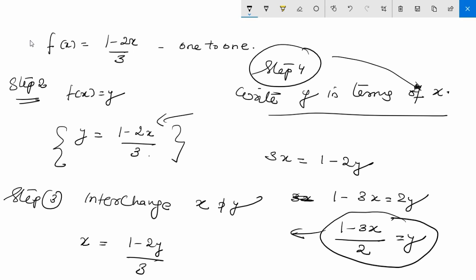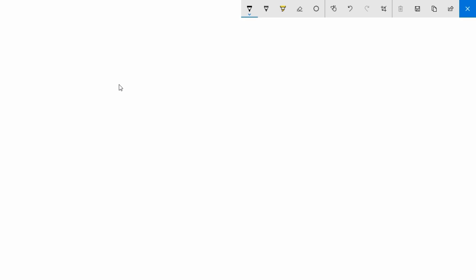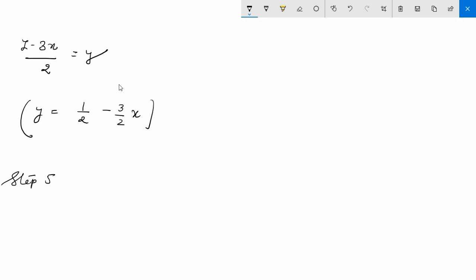So y is equal to 1 by 2 minus 3 by 2 x. Now step 5 is to check, and this is equal to f inverse of x.